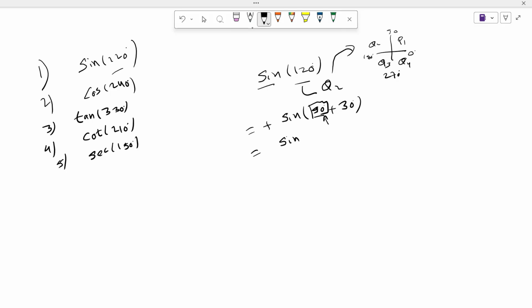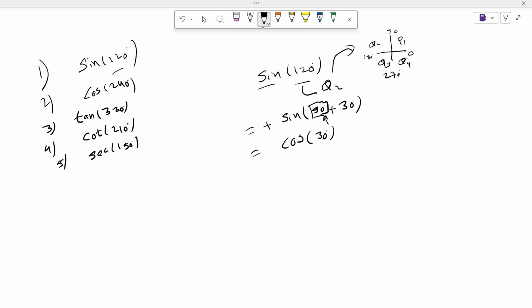If the number is odd, sine will become cos. If the number is even, it will remain sine only. In this case the number is odd, so sine will go to cos. So instead of this we can take cos of, now take the angle as it is.